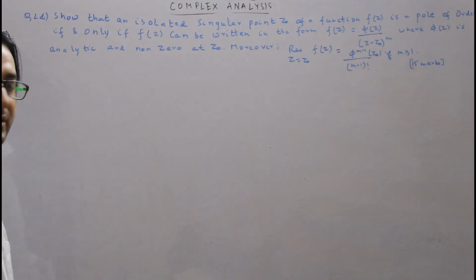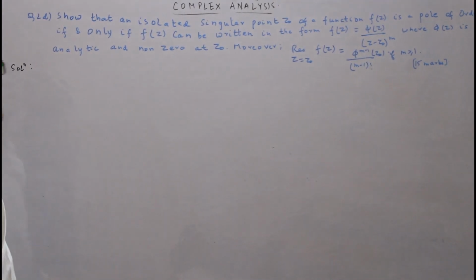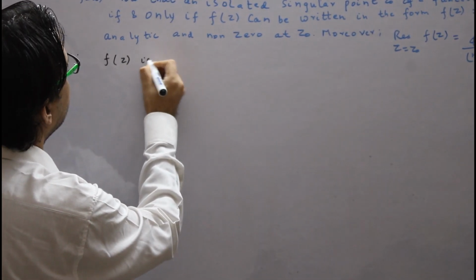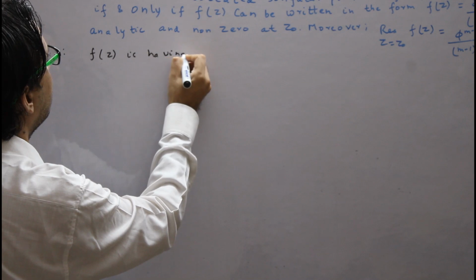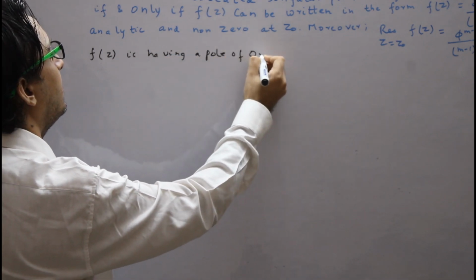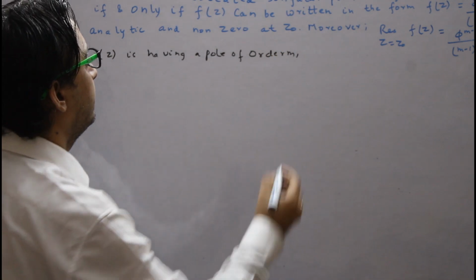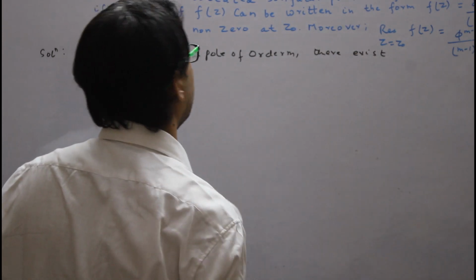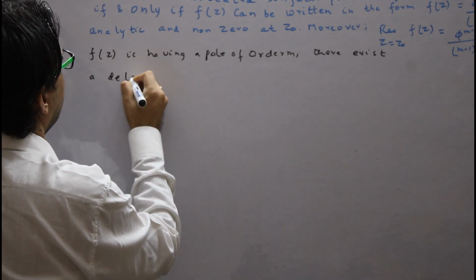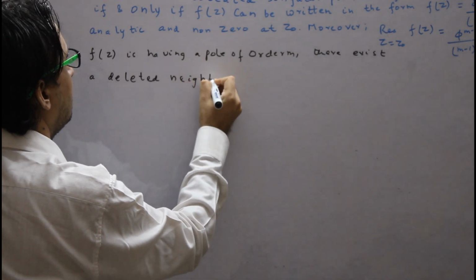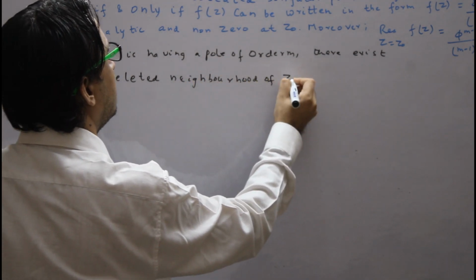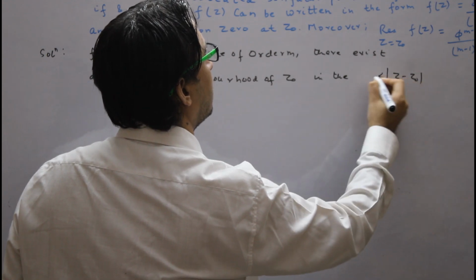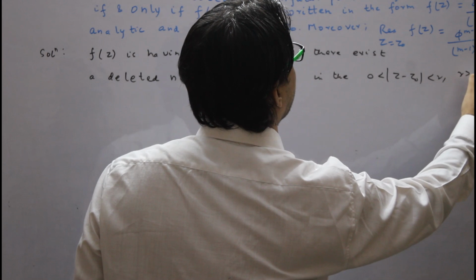So this is a theorem we have to prove, and we are given that f(z) has a pole of order m, and there exists a deleted neighborhood of z0 in the region 0 < |z - z0| < r, where r is greater than 0.